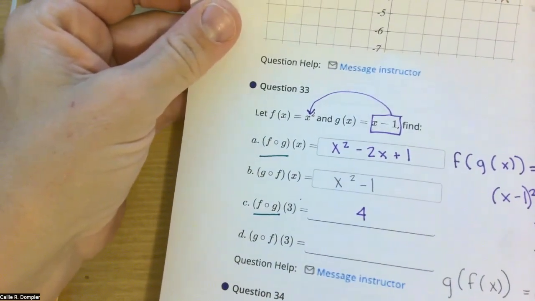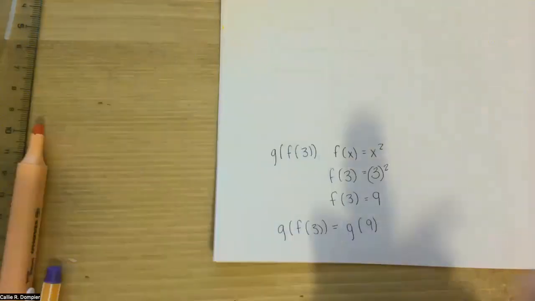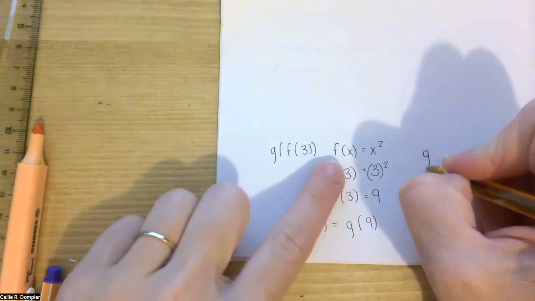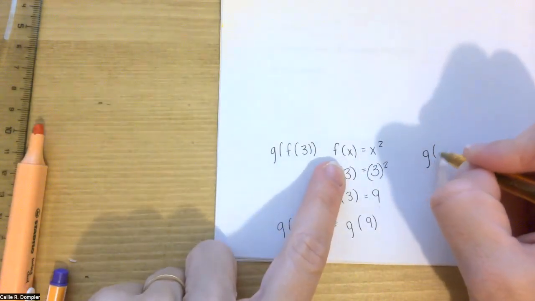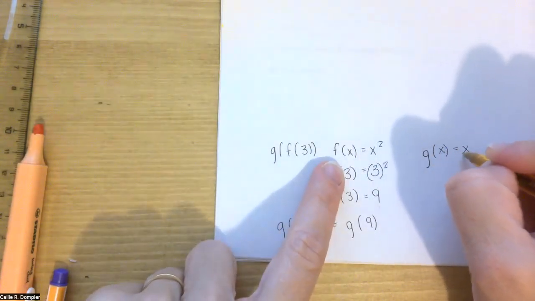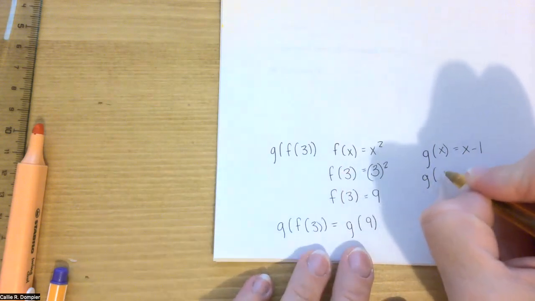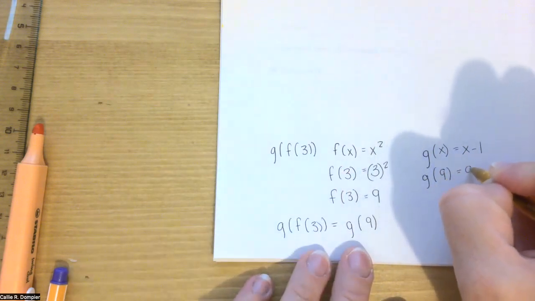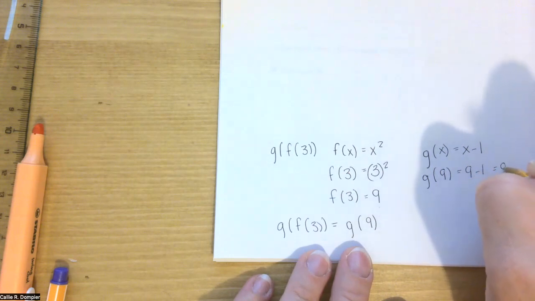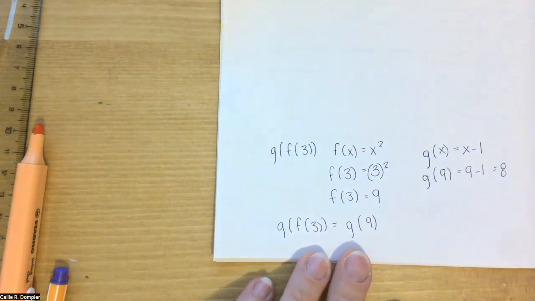G of x is x minus 1. Just like up here, f of x is x squared. So g of 9 is going to be 9 minus 1, which is 8. Good.